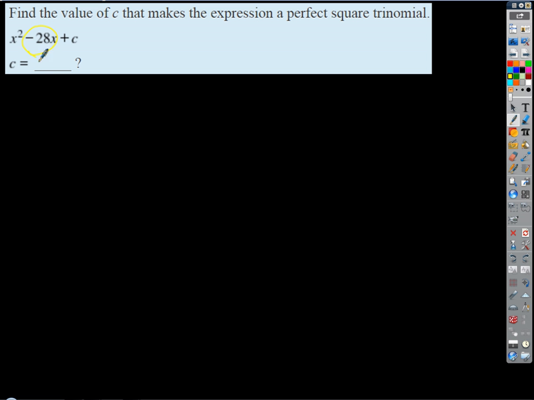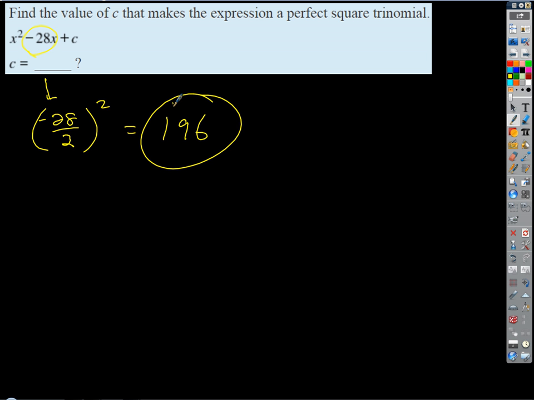So it's going to be half of b, squared, right? Remember this for completing the square? But that's all they ask you to do, is just know what the number would be that you add to complete the square. Okay, so negative 14 squared, 196. Okay.